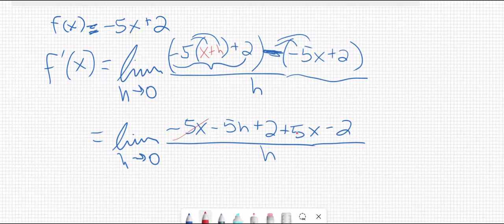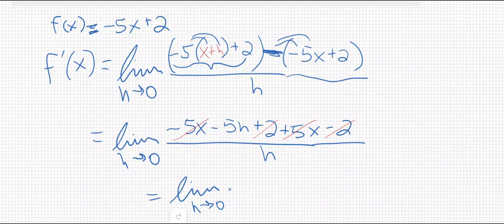It looks like minus 5x and plus 5x add to 0, plus 2 and minus 2 add to 0, and so now we're left with the limit as h goes to 0 of negative 5h over h.